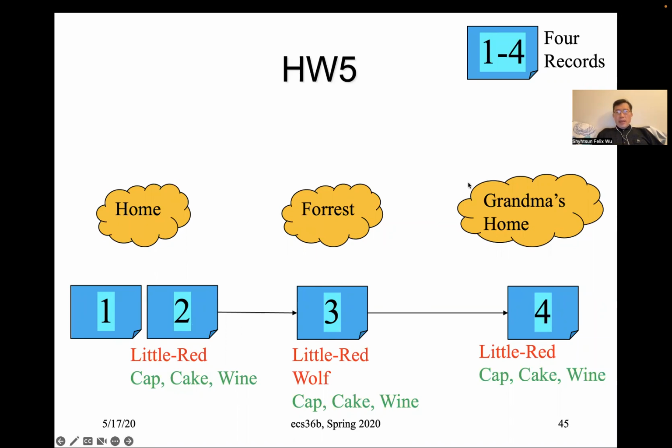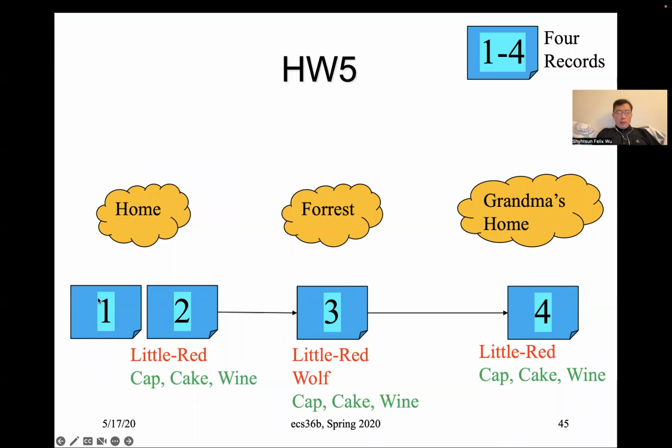Okay, so these slides show conceptually what homework assignment number 5 is about. From homework assignment number 3, you developed a full record, which shows some of the events in the story about Little Red Riding Hood. There, we also identified the location where each record took place.